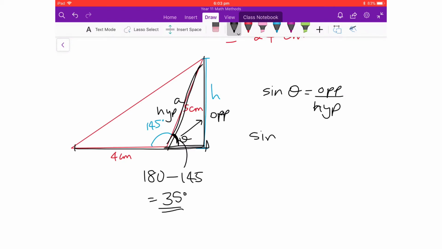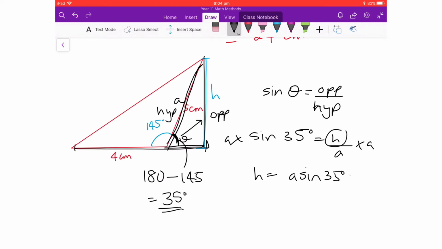Our theta in this case is 35 degrees is equal to opposite. Oh, sorry. Let's actually fill in opposite, shall we? Our opposite in this case is h divided by our A. We want it in terms of h, so we're going to multiply by A on both sides. And I'm going to get h is equal to A sine 35.